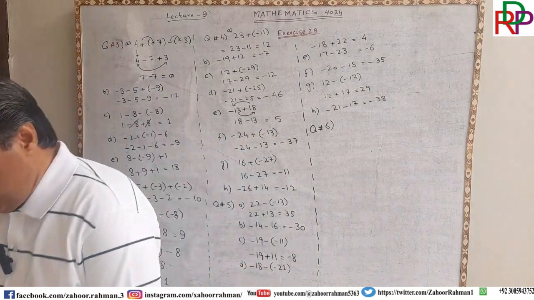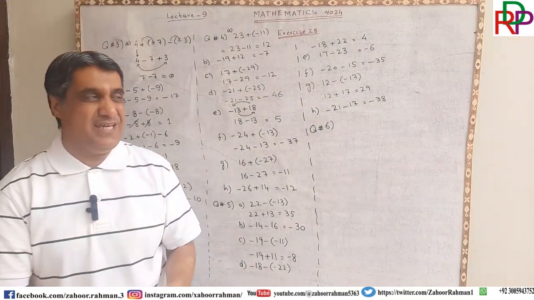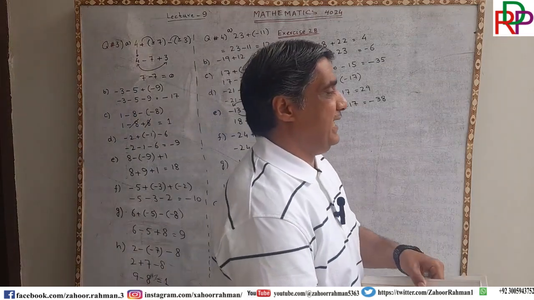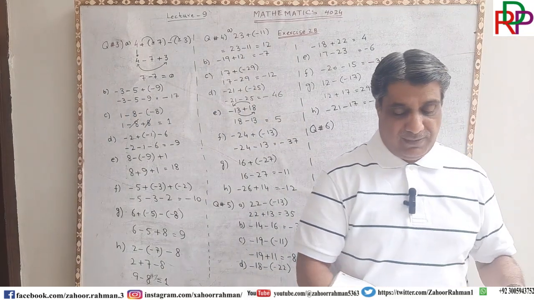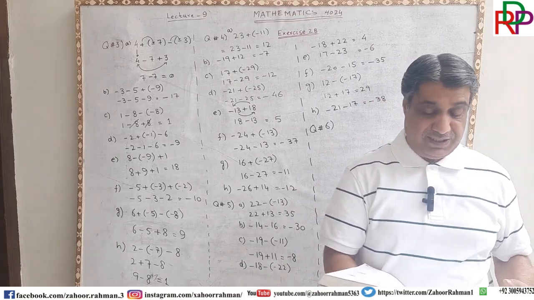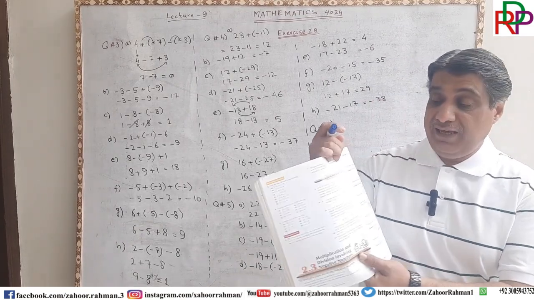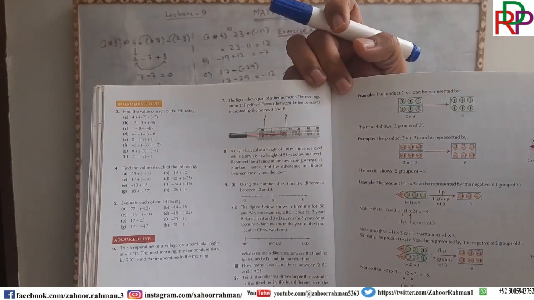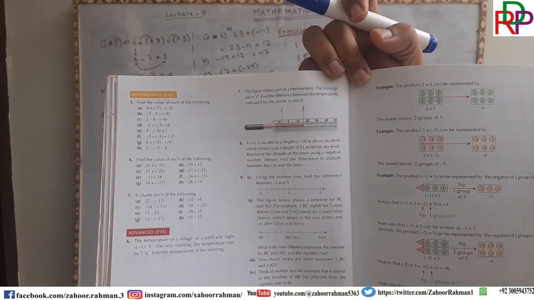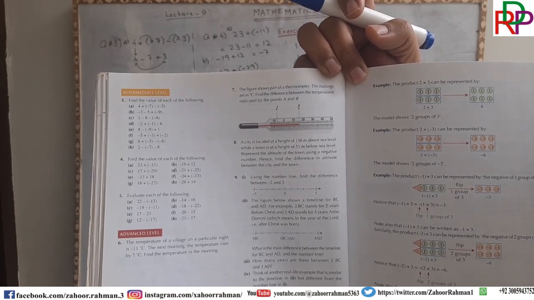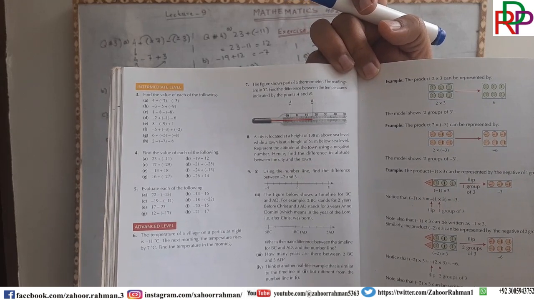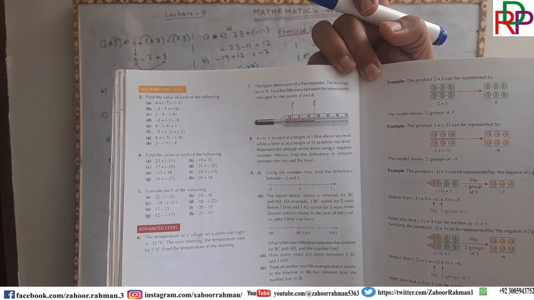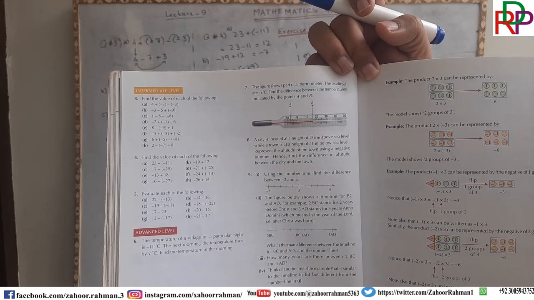Whenever it comes to word problems, the students always complain that they are difficult. Not that much difficult. First of all, if I am showing you this figure, stop it, observe it, and then we will solve, because I cannot draw it on the white board.